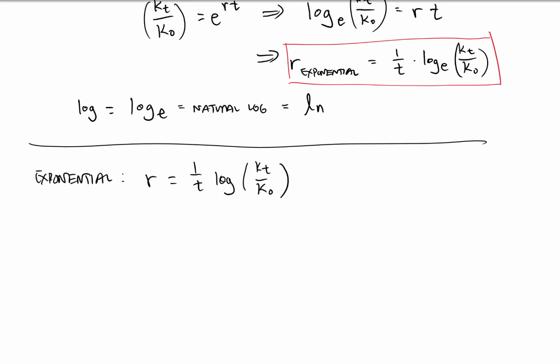As I said before, I'm only going to write log. If I only write log, I always mean the log base e. I'm going to rewrite this in a slightly different way.